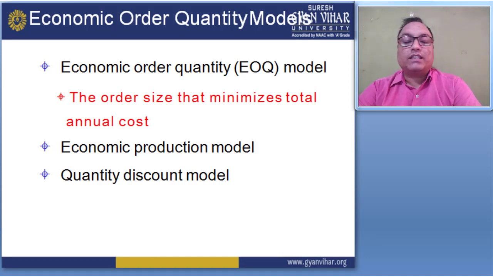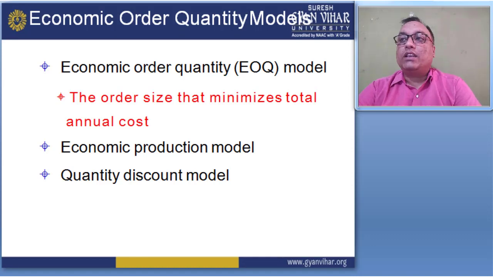Economic order quantity refers to the ideal order quantity a company should purchase in order to minimize inventory costs, such as holding cost, shortage cost, and order cost.